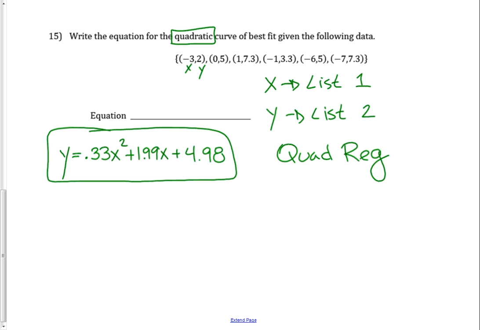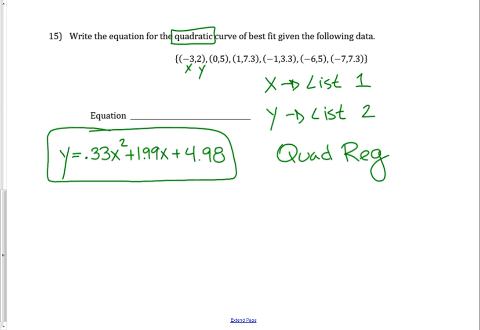Once you do all that, make sure your x values once again are in list 1 and your y values are in list 2. So your x list should be -3, 0, 1, -1, -6, and -7. Your y list would be 2, 5, 7.3, 3.3, 5, and 7.3.